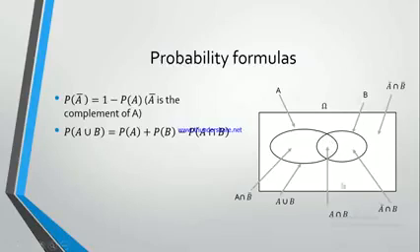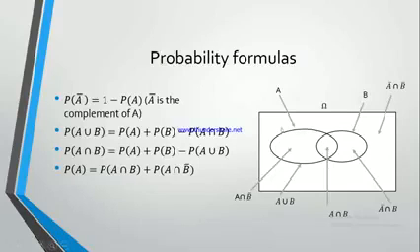So we have to subtract one intersection. And the answer is the probability of A plus the probability of B minus the probability of the intersection of A and B. So we can conclude the probability of the intersection is the probability of A plus the probability of B minus the probability of the union.